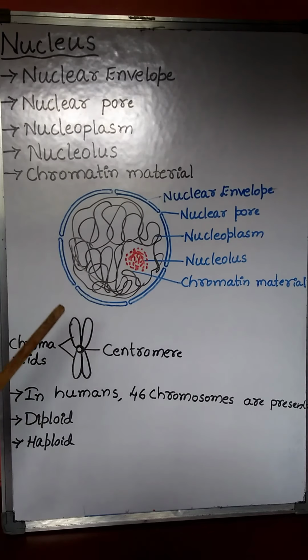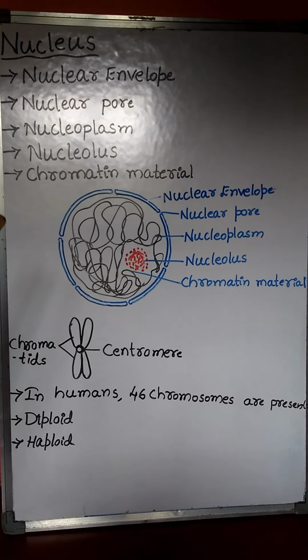That large vacuole pushes the nucleus towards the periphery. Whereas in animal and young plant cell, nucleus is present at the center of the cell.